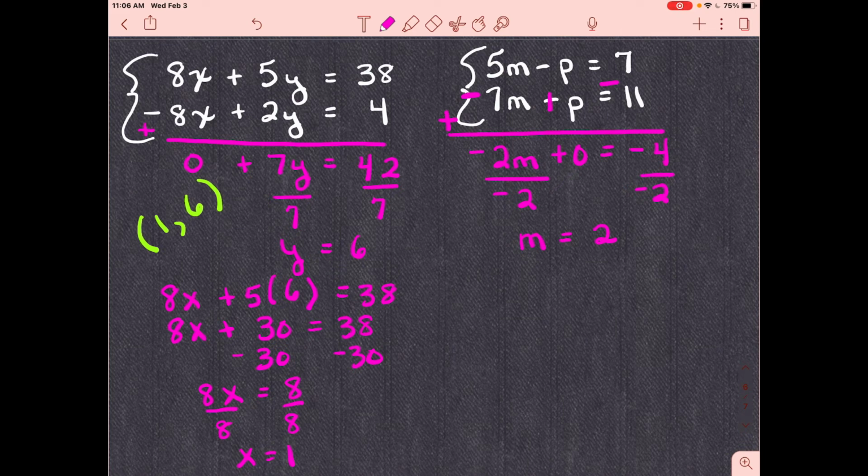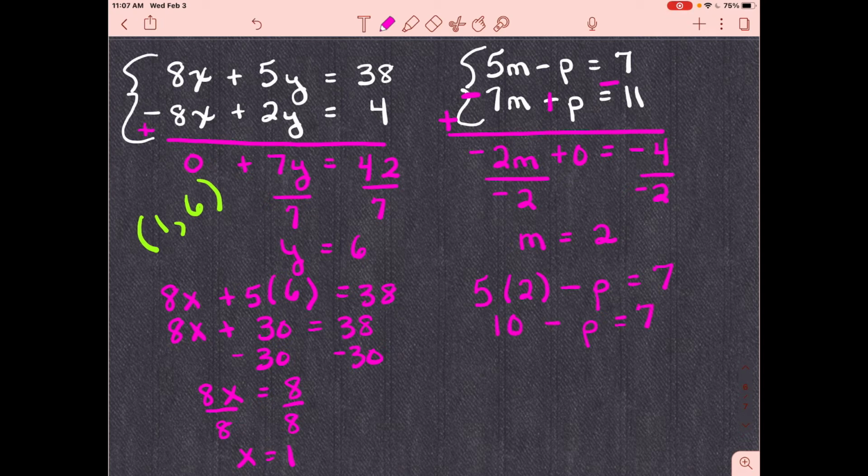So I need to put m equals 2 into one of my equations, and it doesn't matter which one. 5m, I'm going to put a 2 instead of the m, minus p equals 7. I may not have chosen the easier one because the plus p might have been easier. I don't know. I like positives as long as I can keep them.